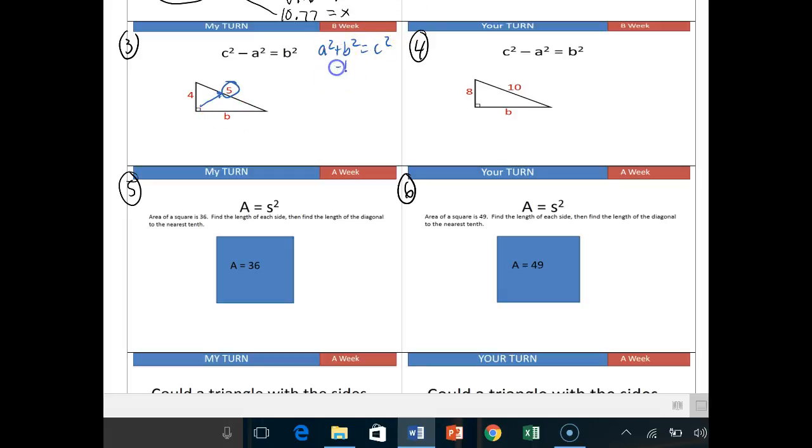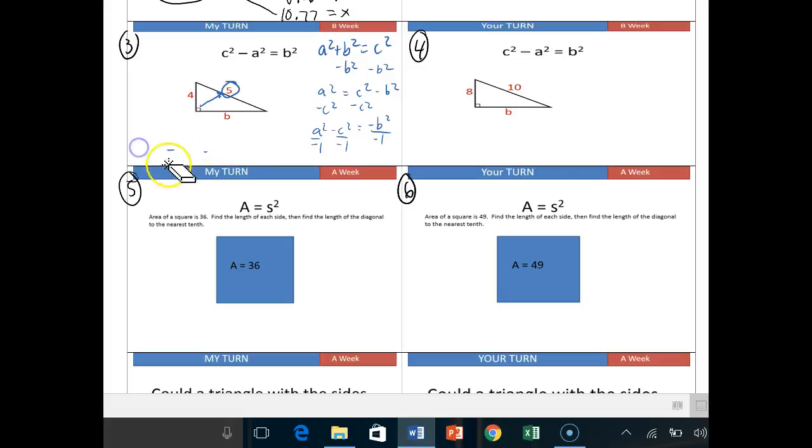Let's subtract b squared from both sides. I get a squared is equal to c squared minus b squared. Then let's subtract c squared from both sides. I get a squared minus c squared is equal to negative b squared, and then I divide everything by -1. In doing so, I get this new formula: c squared minus a squared is equal to b squared.